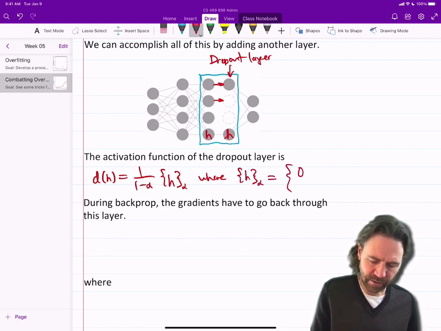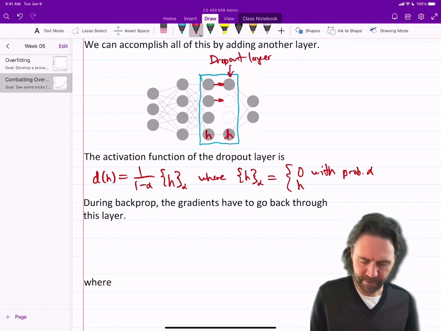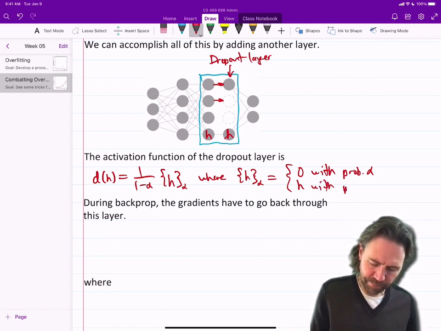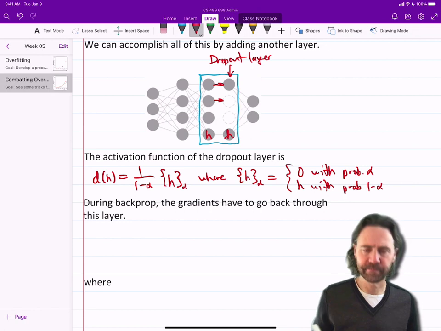So it equals 0 with probability alpha, and H with probability 1 minus alpha.